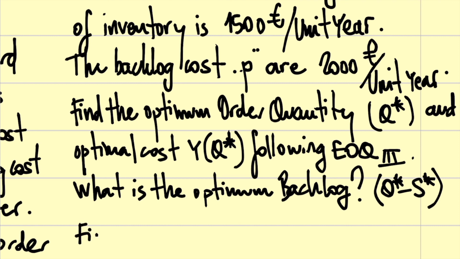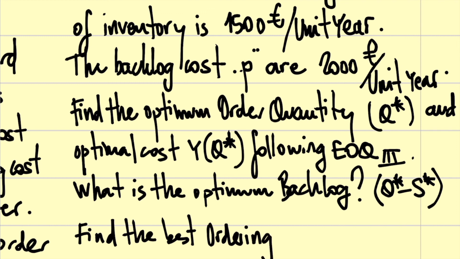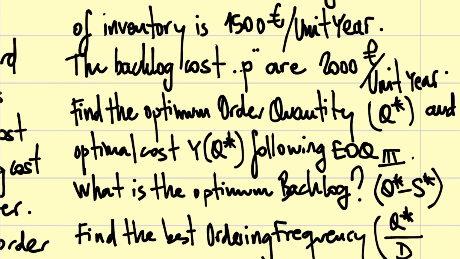Also, find the best ordering frequency, meaning Q star divided by D. Okay?